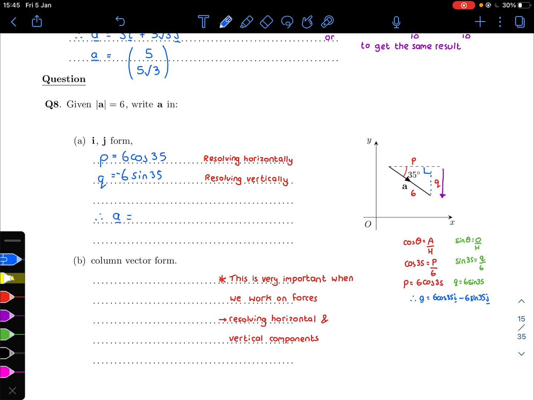Since cos 35 and sine 35 do not give nice surd values, I would just leave it as it is.